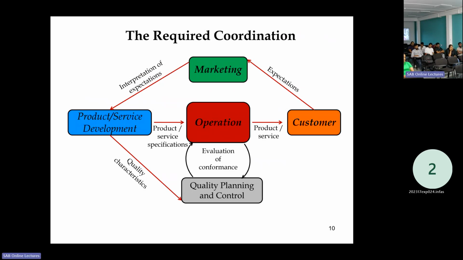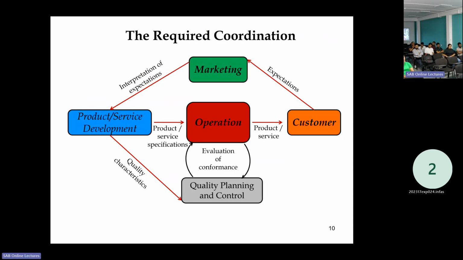I think you have not thought of it in this serious way, have you? That's serious. So proper coordination is required. We are talking about operations management, right? That is processes and systems to produce the product.